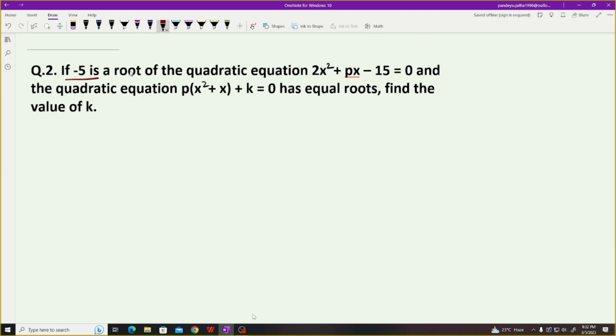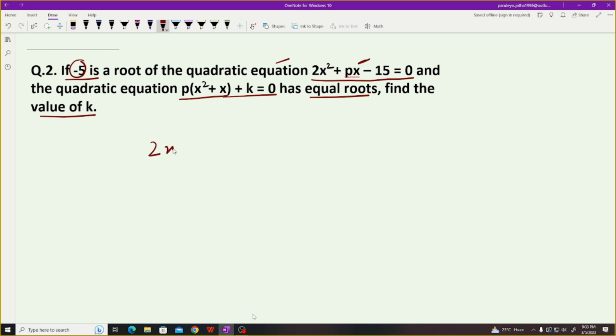Next question. If minus 5 is a root of the quadratic equation 2x square plus px minus 15 equal to 0, and the quadratic equation px square plus x plus k equal to 0 has equal roots, find the value of k. So in this first part, it is mentioned that minus 5 is a root of this equation.